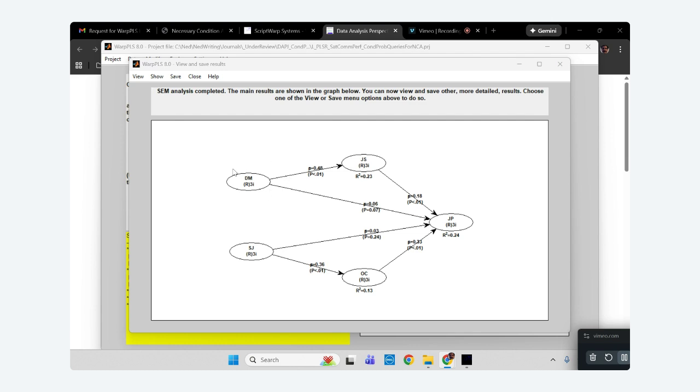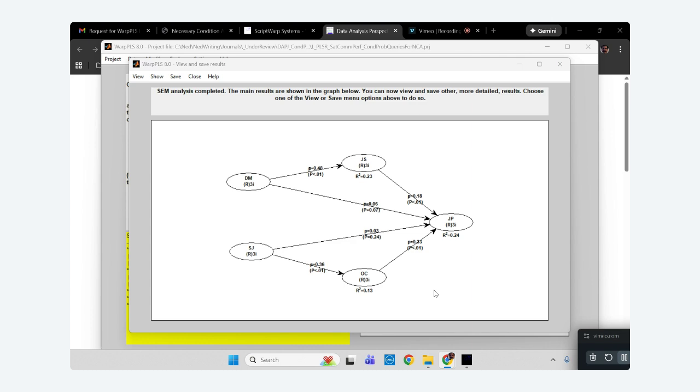And these other variables, democratic management and availability of comparable jobs, don't influence JP directly, but indirectly via JS and OC.